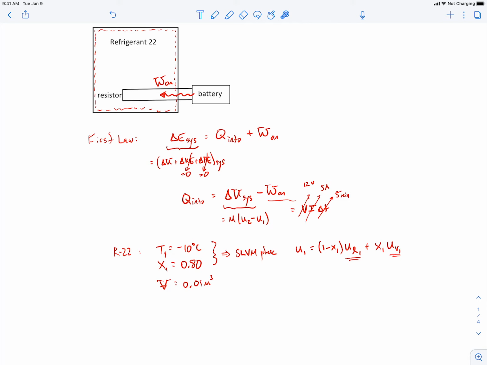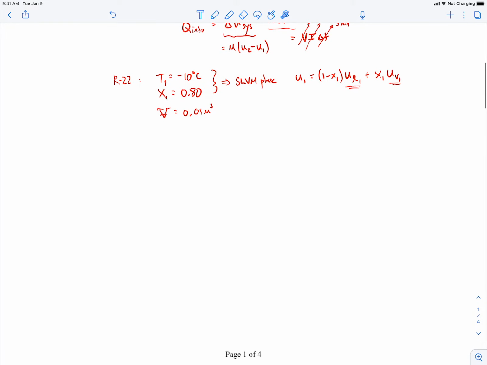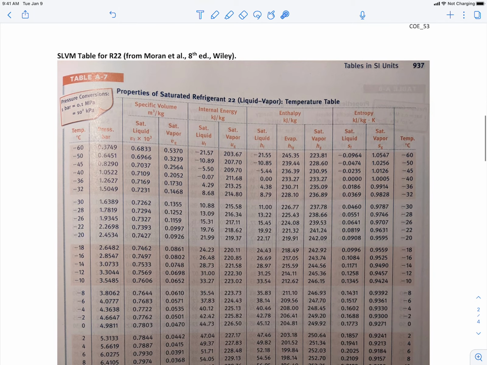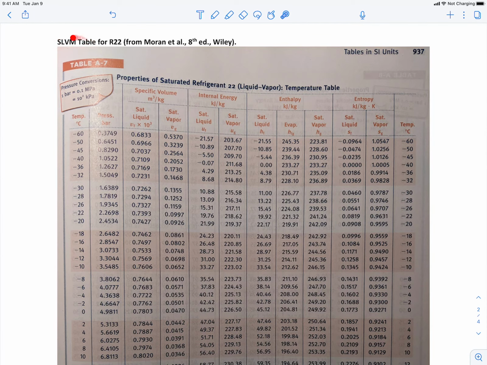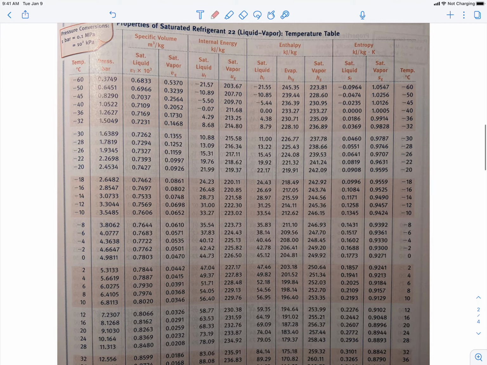So I've copied the tables from the Moran textbook, and let me just show you that in a moment. Okay, here we are. So this is the saturated liquid vapor mixture table for R22 from the Moran 8th edition textbook. And we have a temperature of minus 10 degrees Celsius, so that puts us right here.